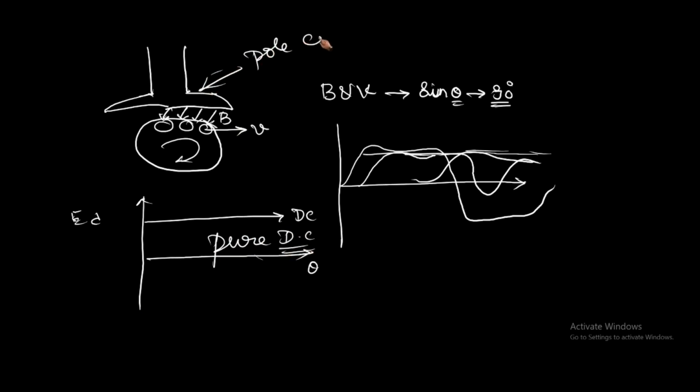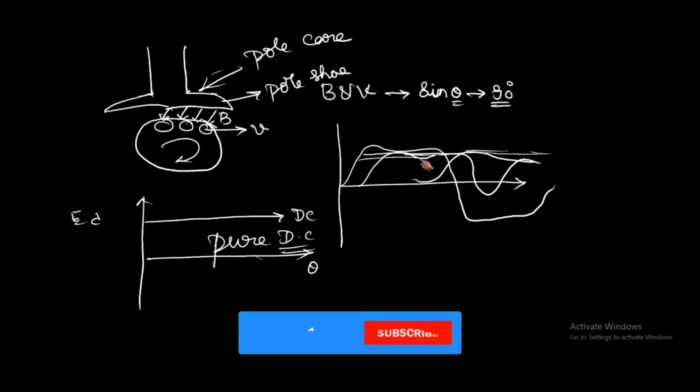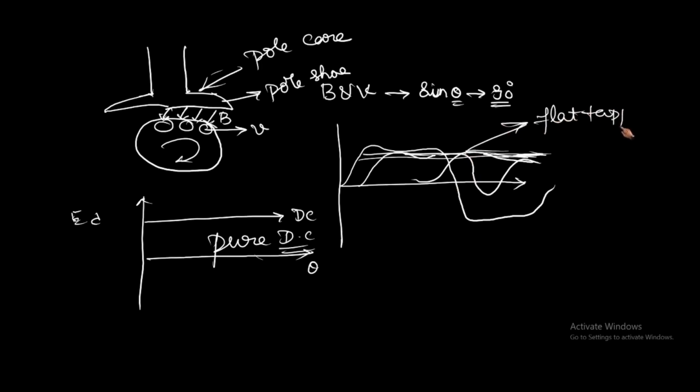I will explain what the pole core and the pole shoe mean when we discuss the constructional details. So you get a flat topped wave, and now we have got the purest form of DC by using the commutator.